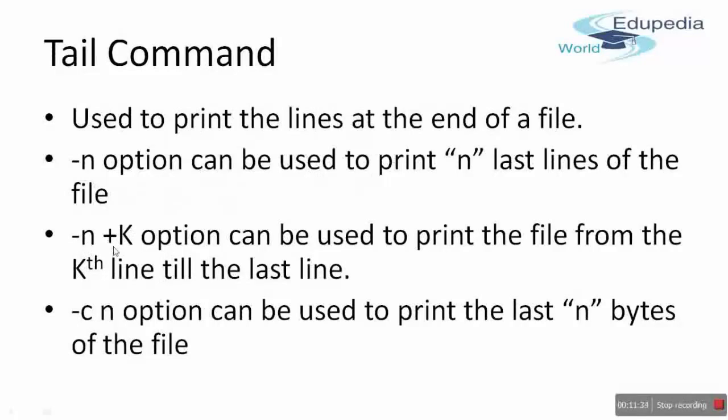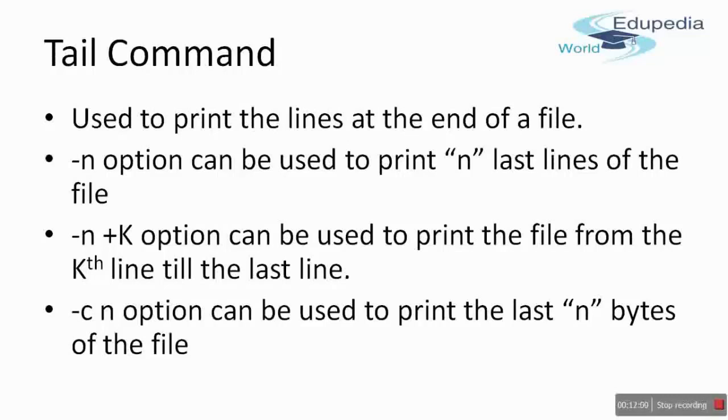Then there is the -n +k option, which is contrary to the -n -k option in the head command. The -n +k option can be used to print the file from the kth line till the last line. So if I give -n +50, it will start printing the file at line number 50, and it will go up till the end of the file.